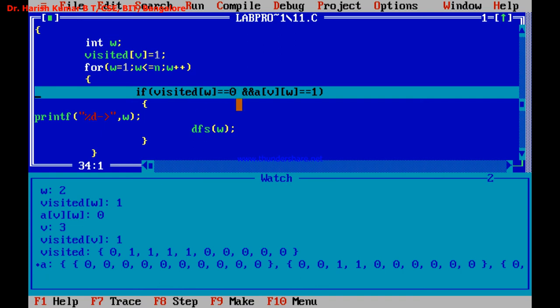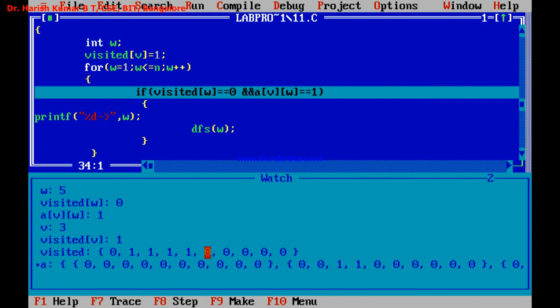It's already visited. Again it will skip this. Now you are checking whether the third node is also visited. Yes, it is visited. And the fourth node is also visited. Now the fifth node, visited of 5 is equal to 0.